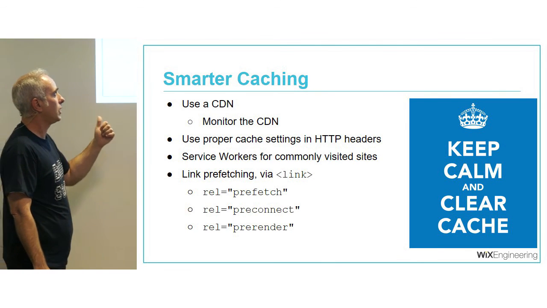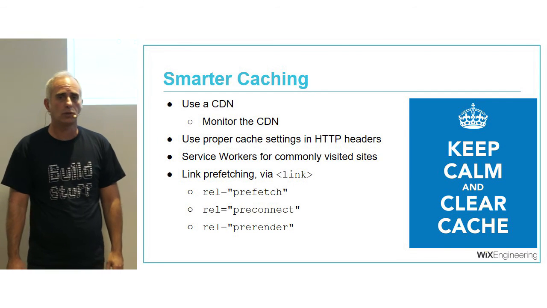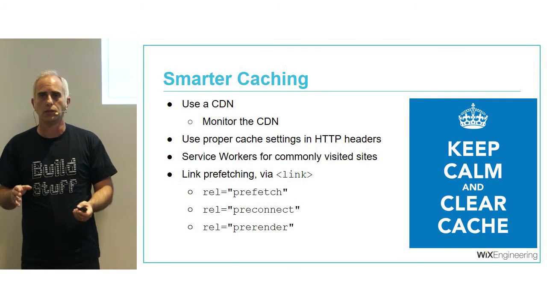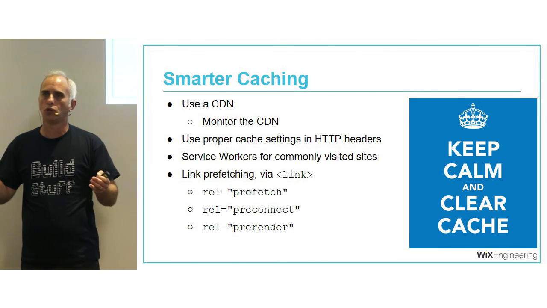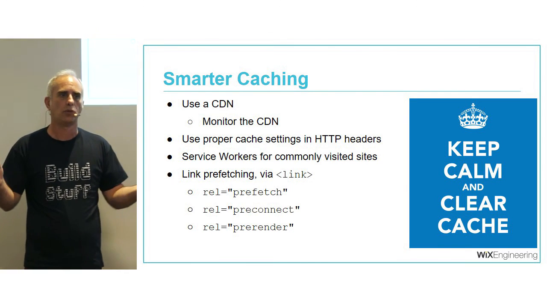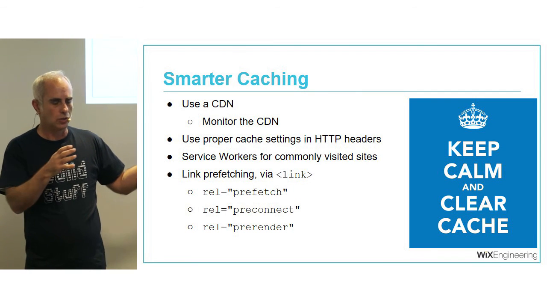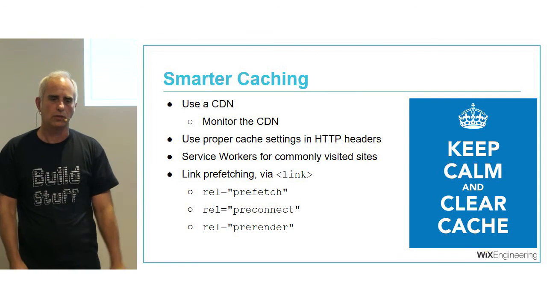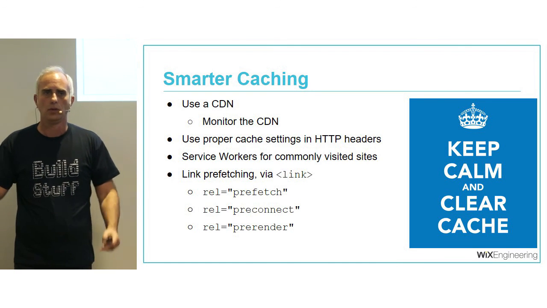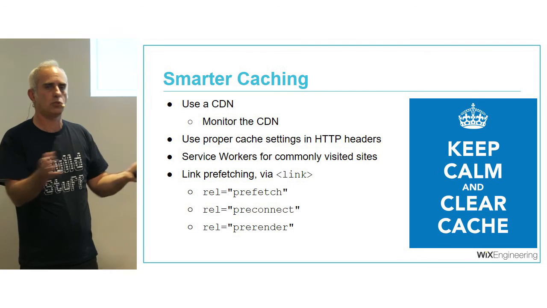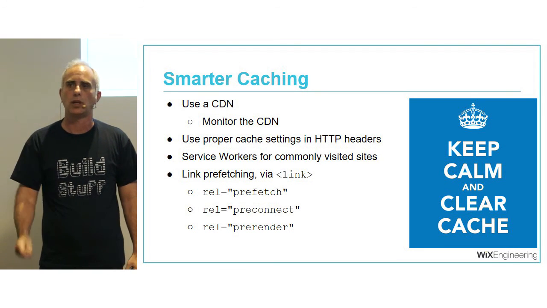And then there's the atom bomb, prerender. Prerender effectively takes that entire link and creates a virtual browser tab hidden from the user and just opens that site within that tab. If the user then goes to that page, the browser just swaps that in and it's instantaneous.